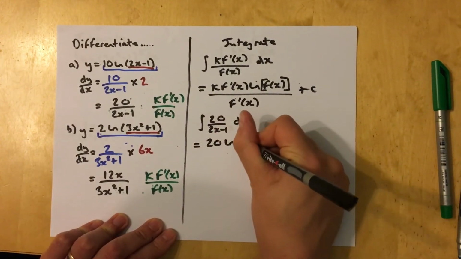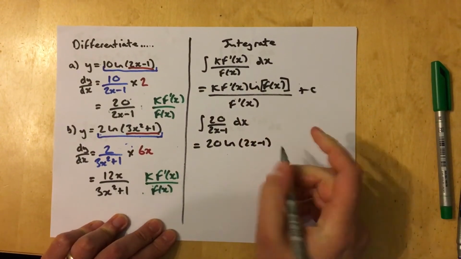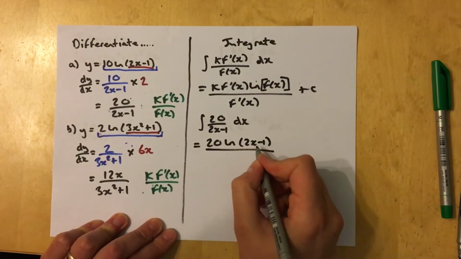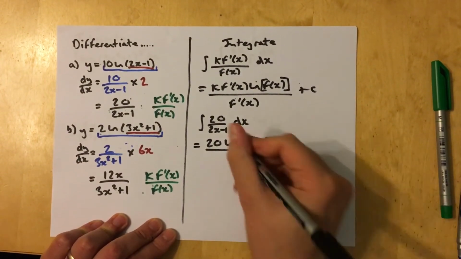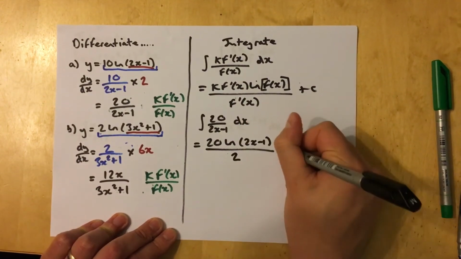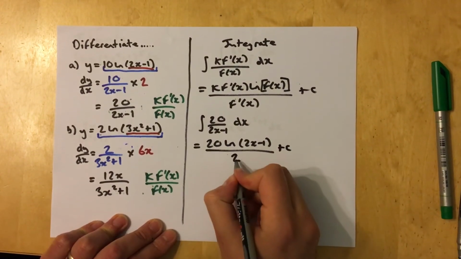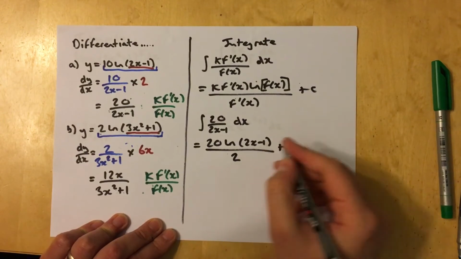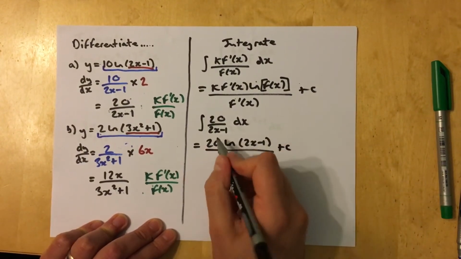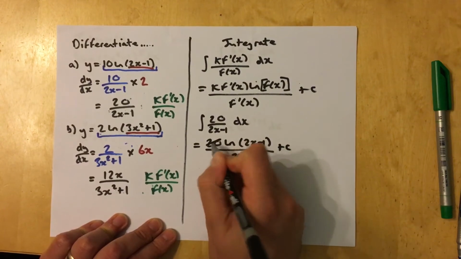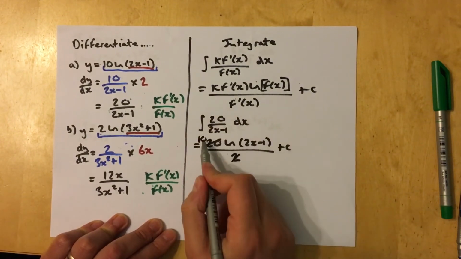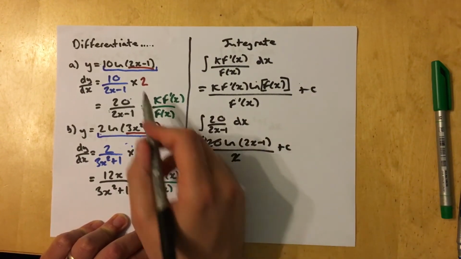I'm going to put my denominator in the natural log function, and then divide by the derivative of the inner function, so divide by the derivative of 2x minus 1, which is 2. So in terms of things cancelling down, the 20 divided by 2 is just going to give me 10. So I'm going to have 10 ln 2x minus 1, yippee.